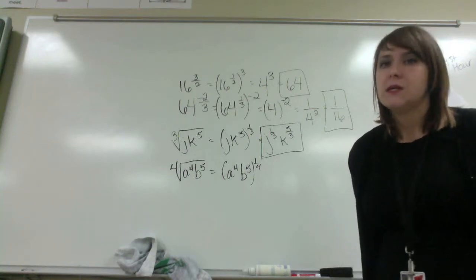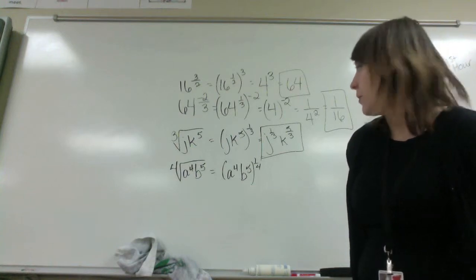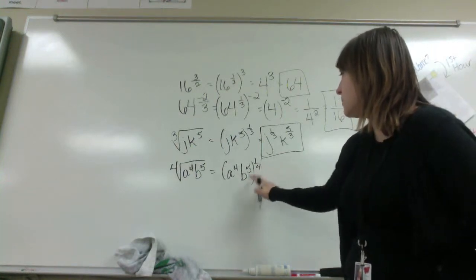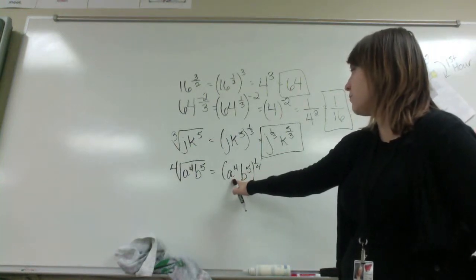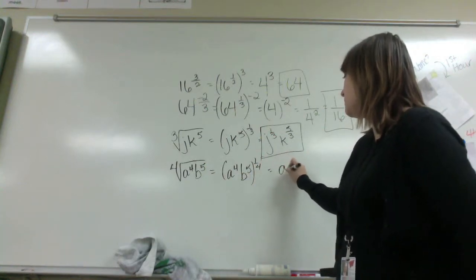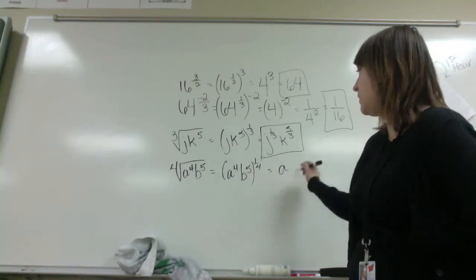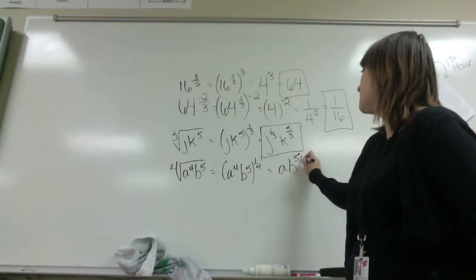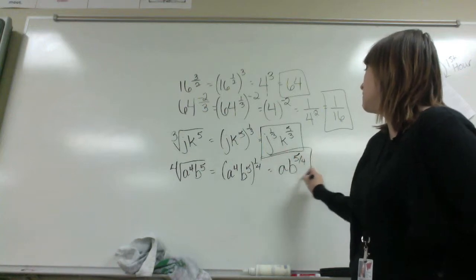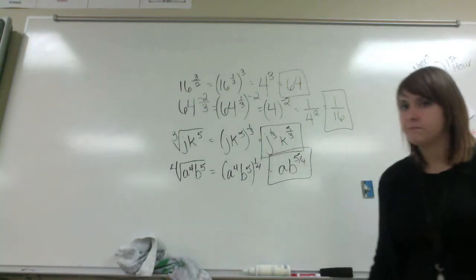Now I can use that power of a product property again, and I can distribute these through. So a to the 4th times 1/4, that's just a. And then b to the 5th to the 1/4, that's just going to be b to the 5/4. So my answer is a, b to the 5/4.